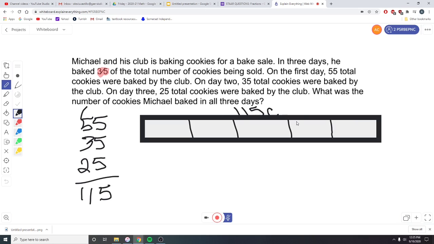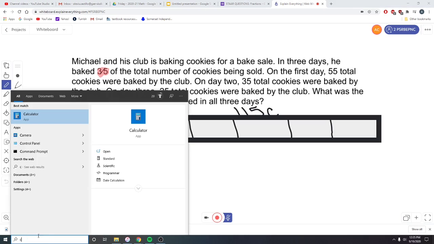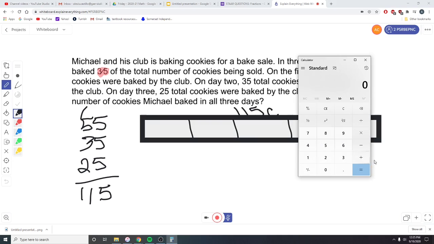Okay, so we took 115 cookies, divided into 5 equal pieces. Let's see how much it's worth. I'm going to pull out a calculator. 115 divided by 5. That means each part of this section is worth 23 each.